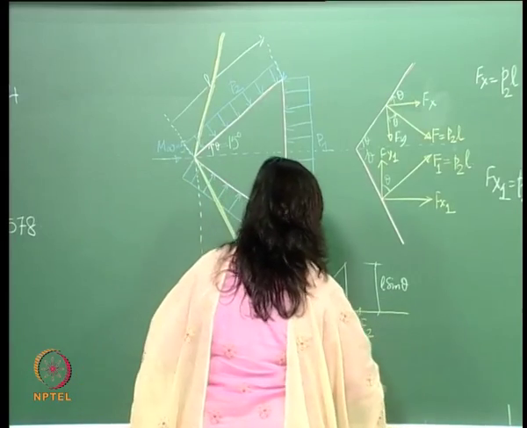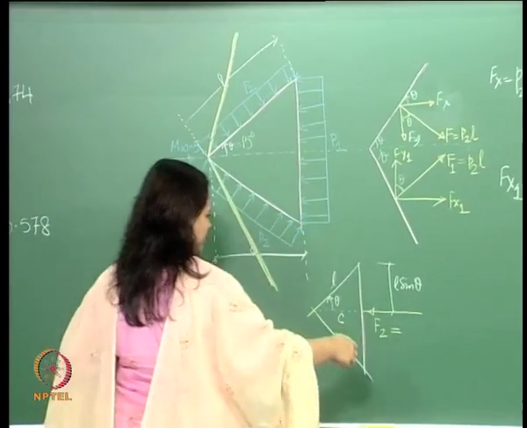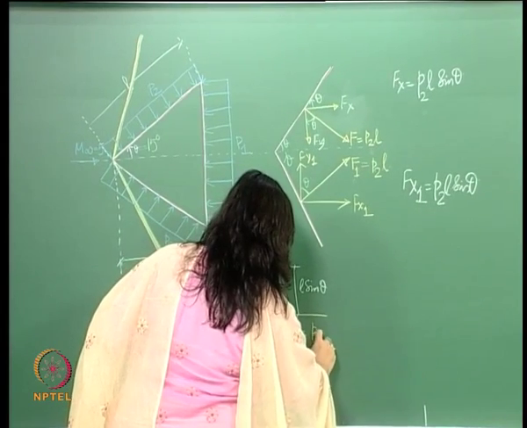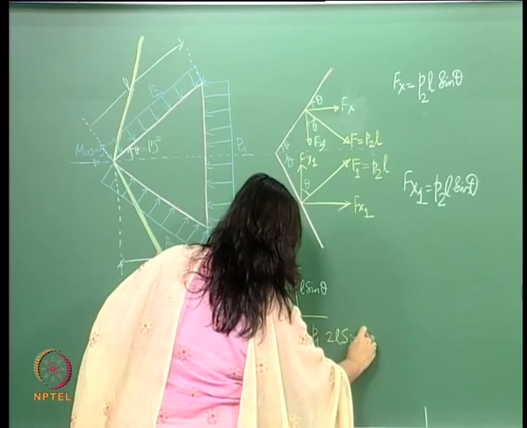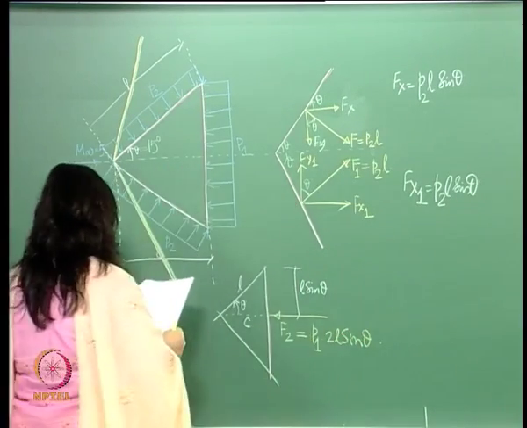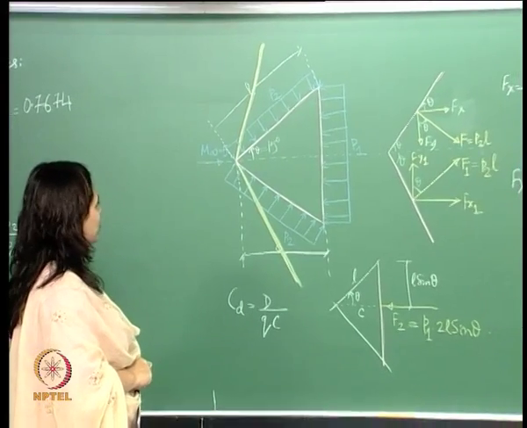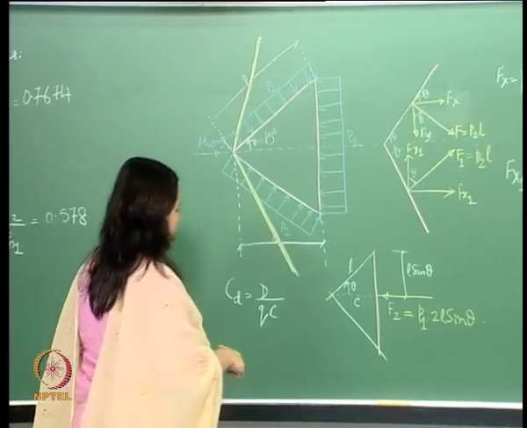If that is so, then F2 again becomes P1 into 2L sine theta, right, P1 into 2L sine theta. Okay. So that's all we have done. All we did is look at the pressures on the three surfaces, and then we are writing out the forces.